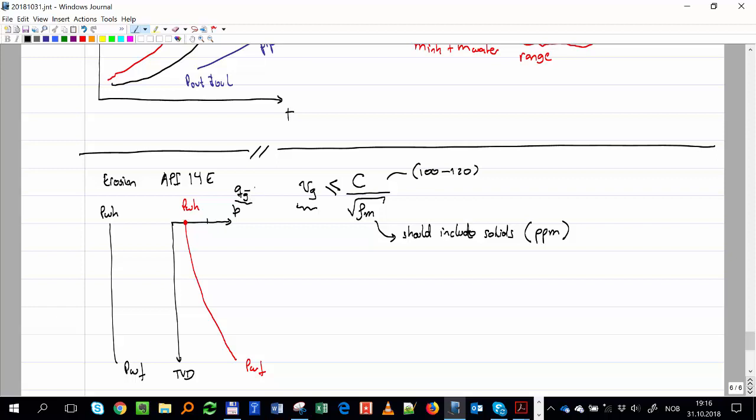We already said mass flow is set by the production, by the reservoir, by the petroleum engineer. That's just constant. Now the local, so let's put that in blue.